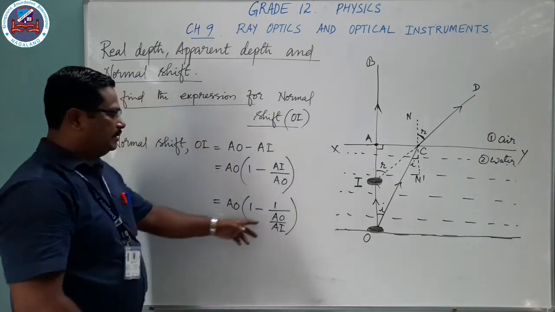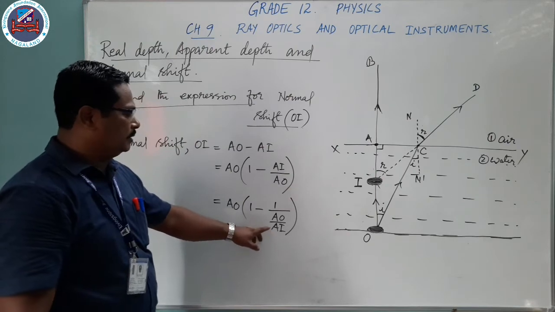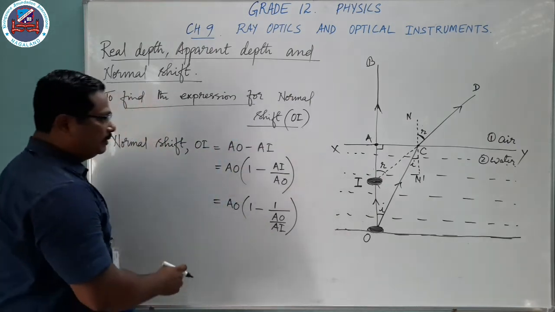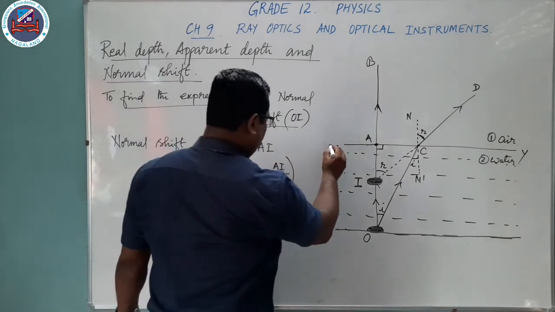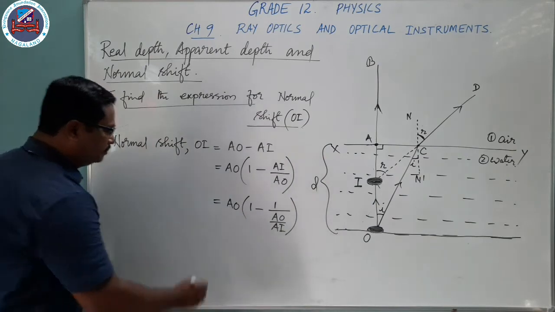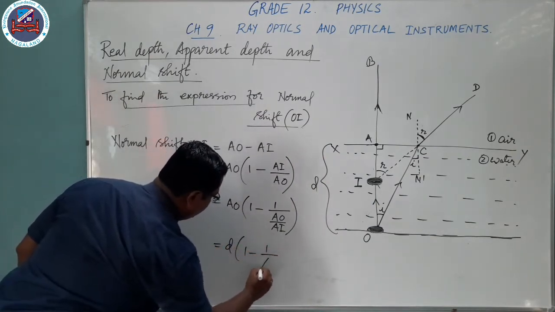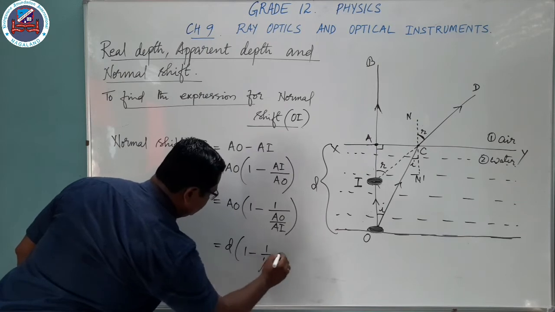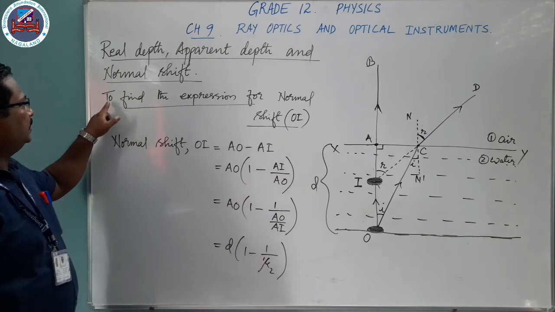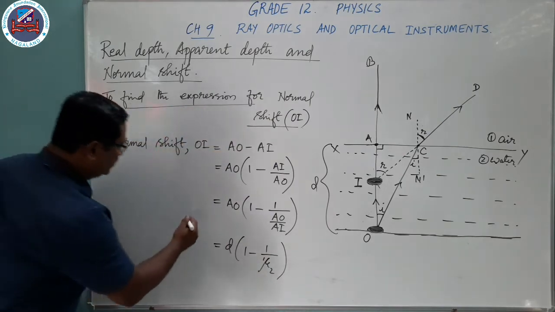Why I am making it like this is because real depth over apparent depth is equal to the refractive index, which you derived just earlier. Suppose the depth of the liquid, AO, is D, then it will become D into 1 minus 1 by the refractive index of the second medium with respect to the first. This relation you have derived before finding this expression for normal shift.